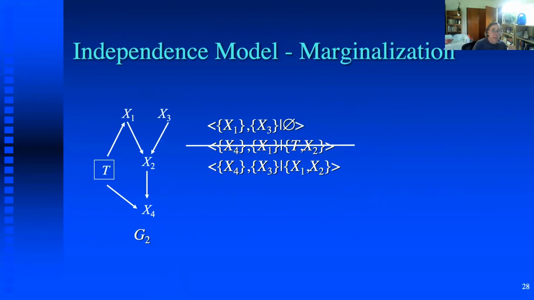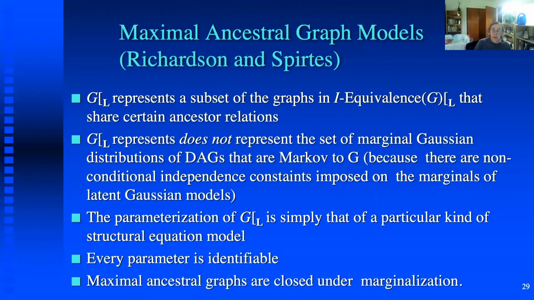Well, that graph represents a subset of the graphs in the equivalence class of the original graph that share certain ancestor relationships. So in other words, everywhere that I have an edge that's directed, it has to not only represent the same set of conditional independence relations as an equivalent graph, it has to have the same ancestor relationships as the original graph.